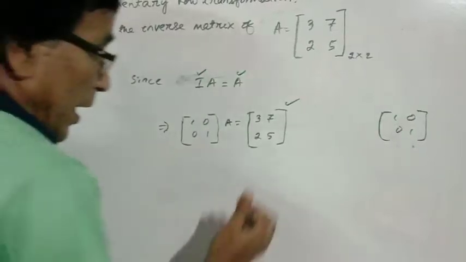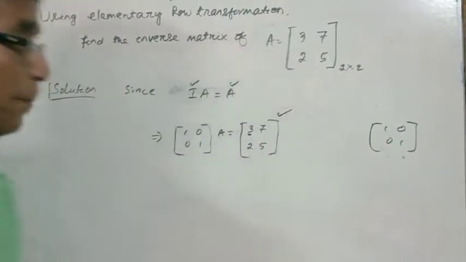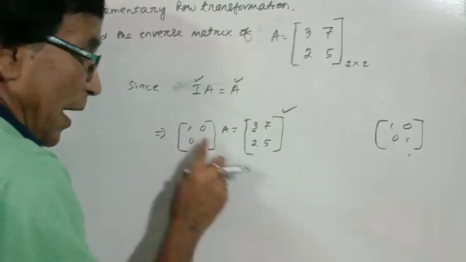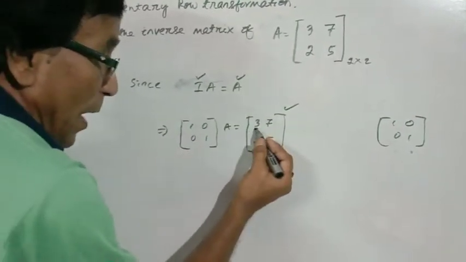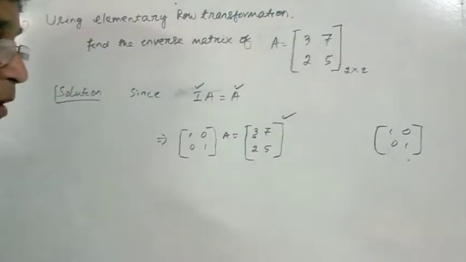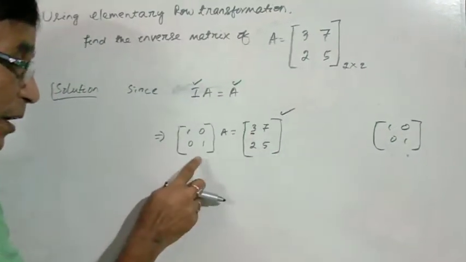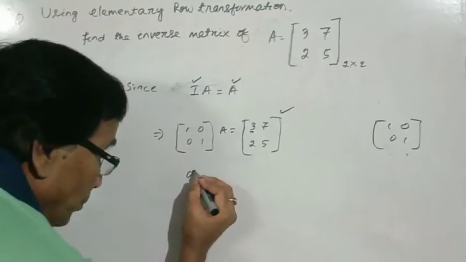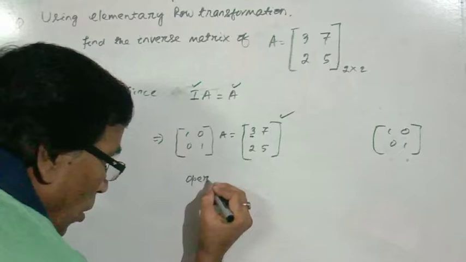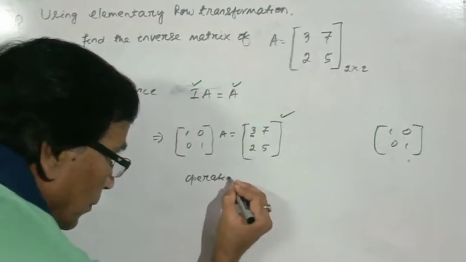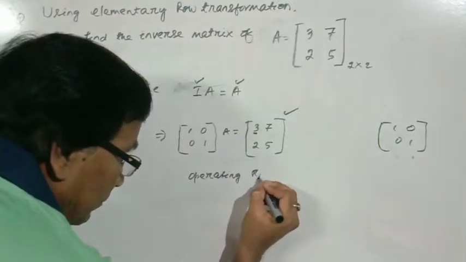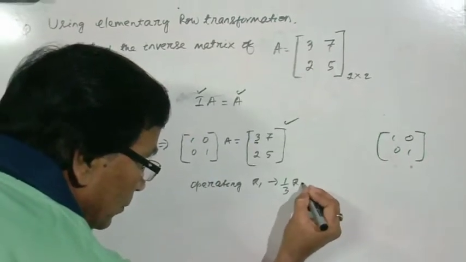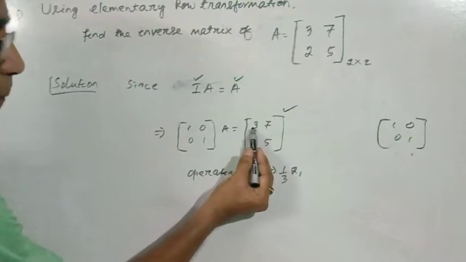So here the pivot element is 3. That means we have to divide the first row by 3, and that operation will be taken on this matrix also. Operating row 1 as 1 by 3 row 1, this becomes 1.